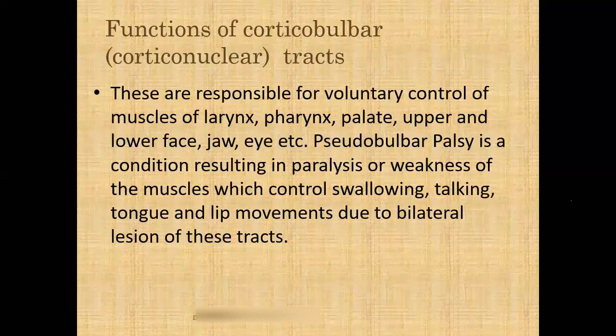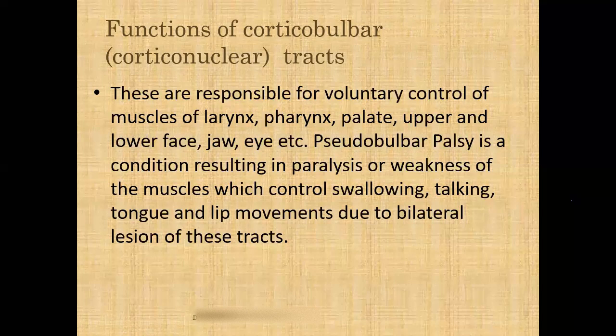Now these corticobulbar or corticonuclear tracts are responsible for the voluntary control of muscles of the larynx, that is the voice box, the pharynx, the palate, upper and lower jaw, eye, face, etc. Now, if this function is not executed properly, then there is either paralysis or weakness of muscles which are affecting functions like swallowing, talking, tongue and lip movements due to bilateral lesions of these tracts.